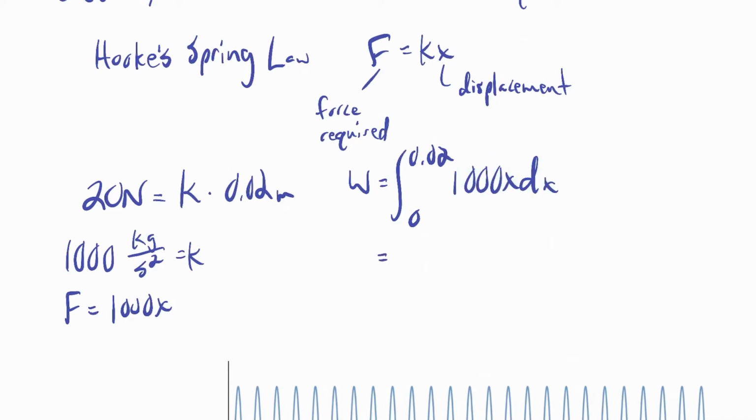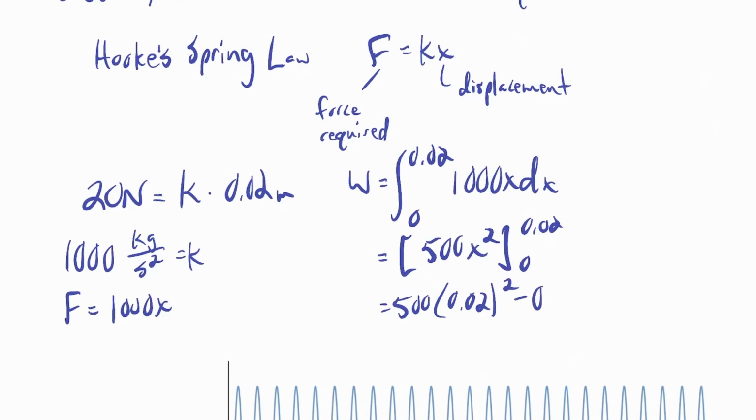So this will be 500x squared. I'm going to run out of room here. Evaluated at 0 and 0.02. So this will be 500 times 0.02 squared minus 0. Let me get the calculator out.